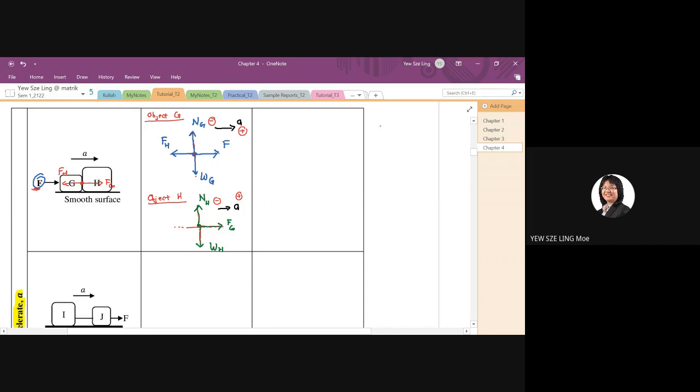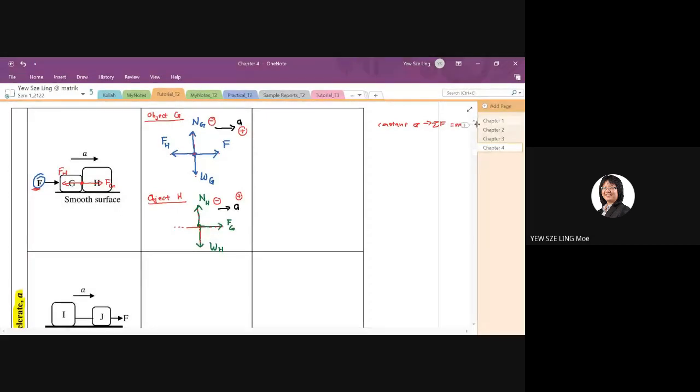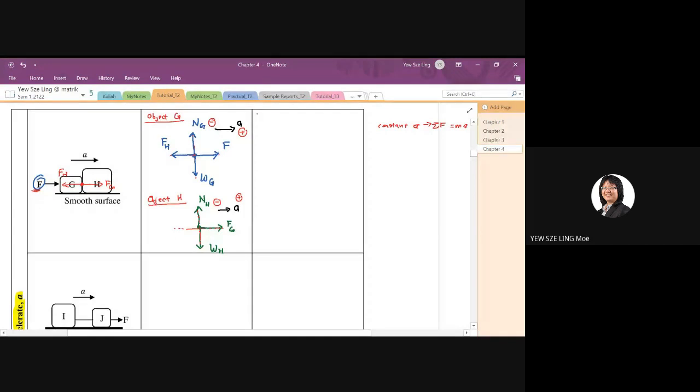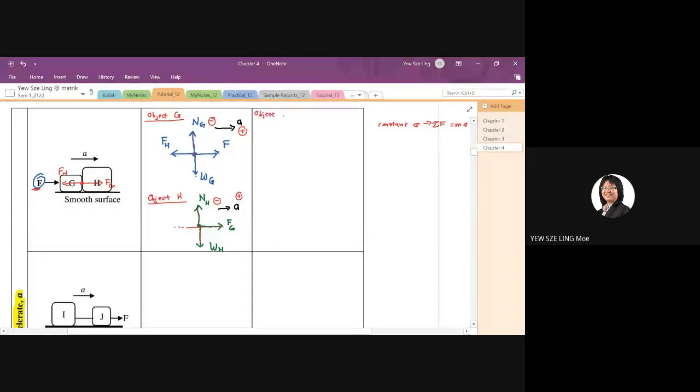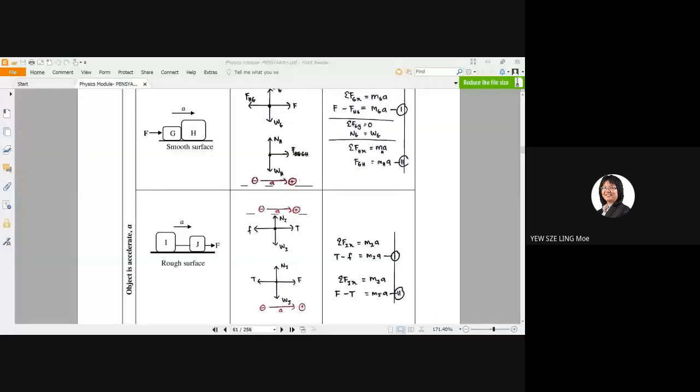Since your object is now moving with constant A, we want to apply Newton's second law, summation F equals MA. So for object G, let's begin with object G. What am I going to do? I need to form equations for X and Y components as usual.